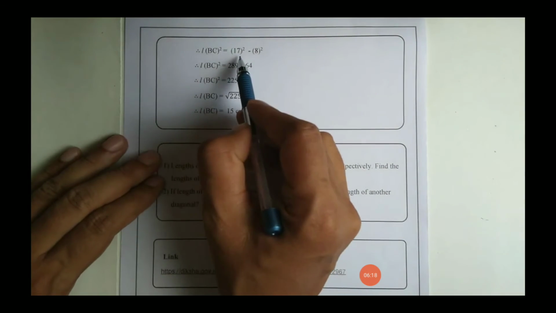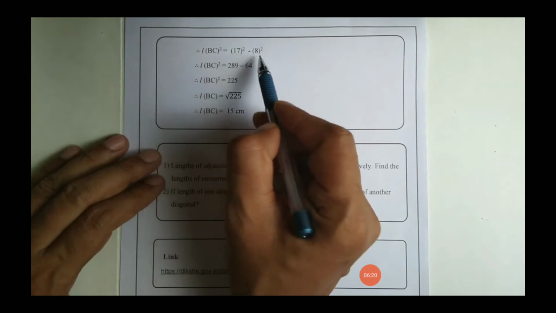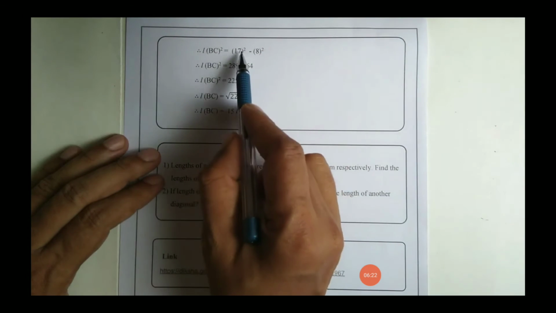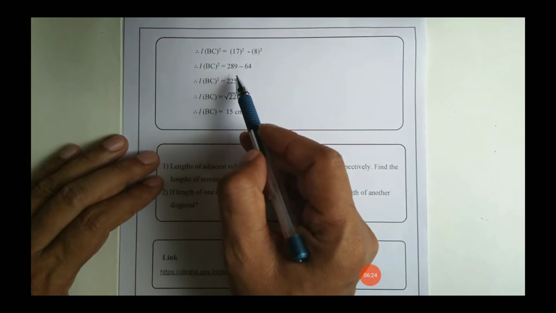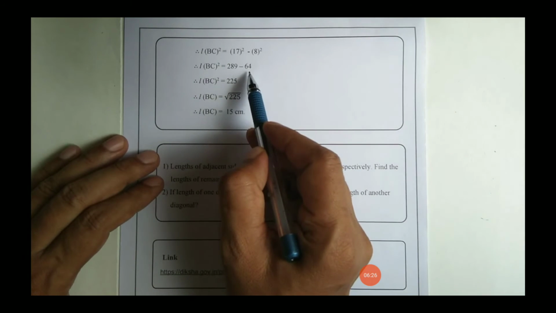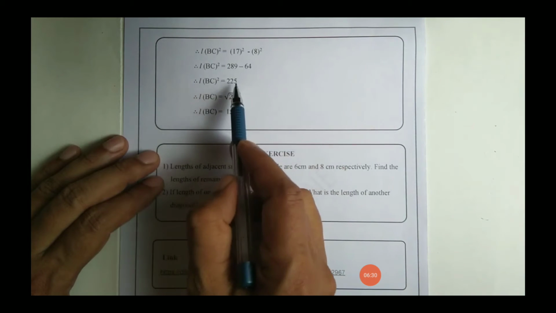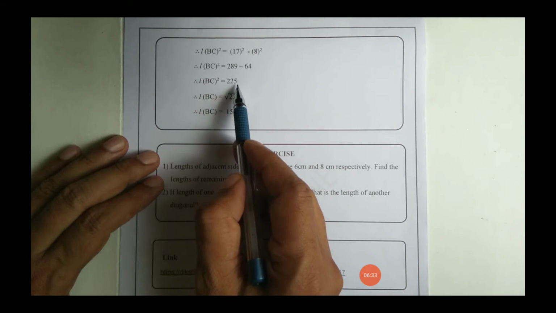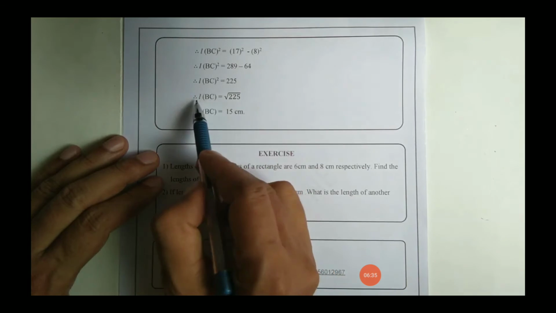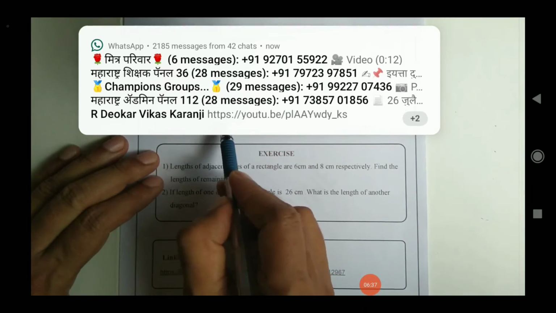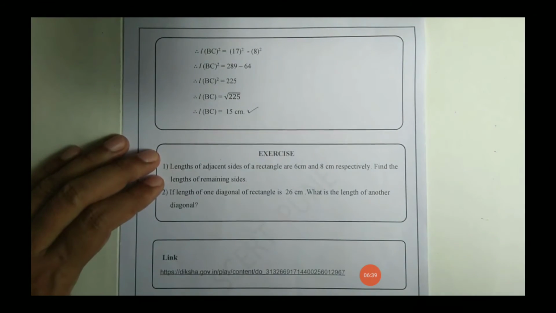So BC square is equal to 17 square minus 8 square. Now the calculation is very simple. 17 चा square होईल 289 minus 8 चा square 64. दोघांचं सबस्ट्रॅक्शन 225 and BC square जर 225 येत असेल then length of BC, square root काढून 225 चा, it is length BC is 15 centimeter.